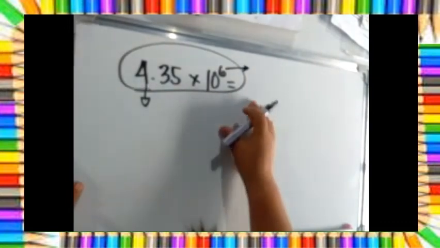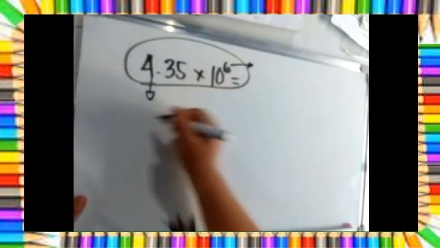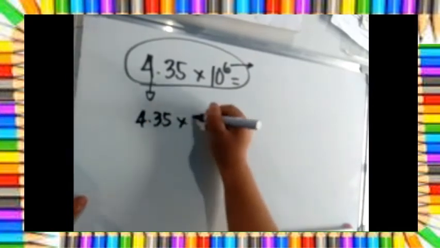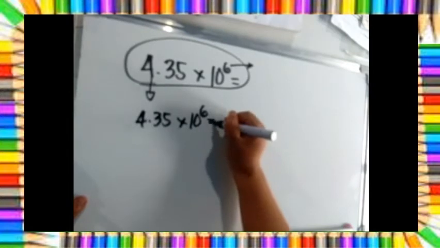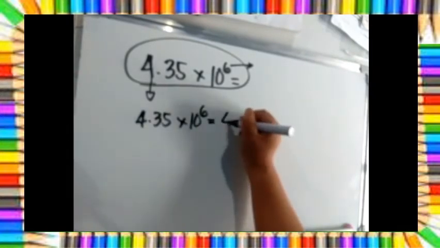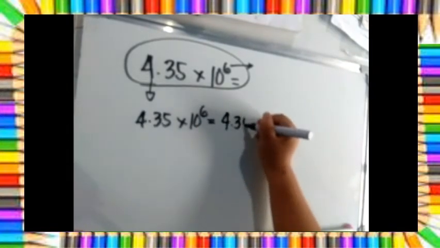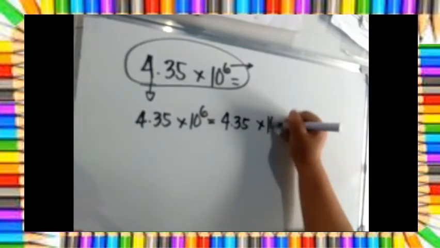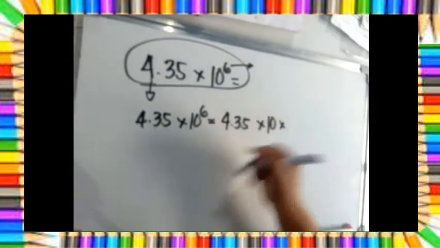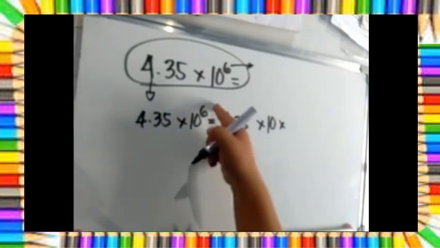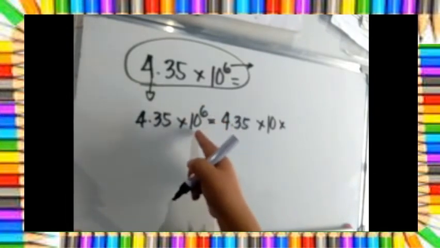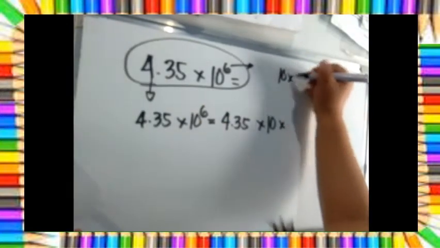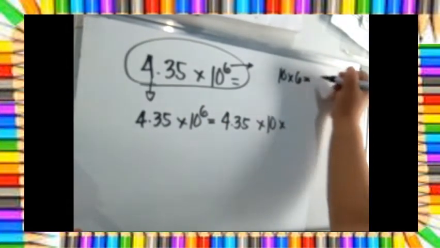Let's solve this example. 4.35 times 10 to the power of 6 is equal to 4.35 times 10 multiplied by itself six times. It does not mean 10 times 6. This is not equal to 10 to the power of 6. Remember, they are not equal.